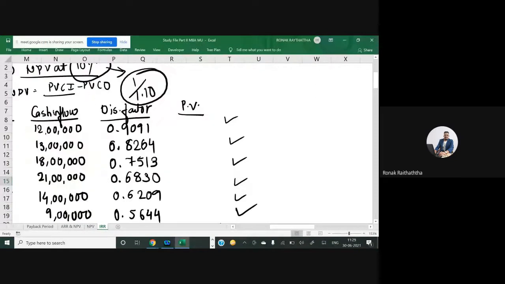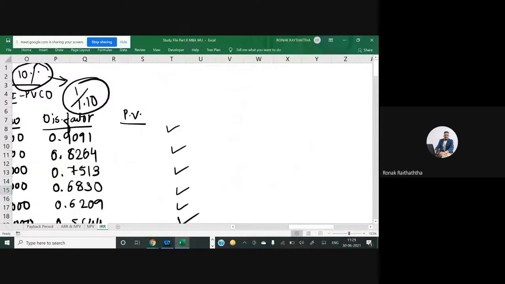Now again, a question arises: sir, by what magnitude should we increase it? Some people may take 2, some 3, 4, I mean 12, 13, 14. So let's make it a rule. There is no such rule in the books of financial management, but just to maintain uniformity in our calculations, we will always move by 5% as far as this class is concerned.